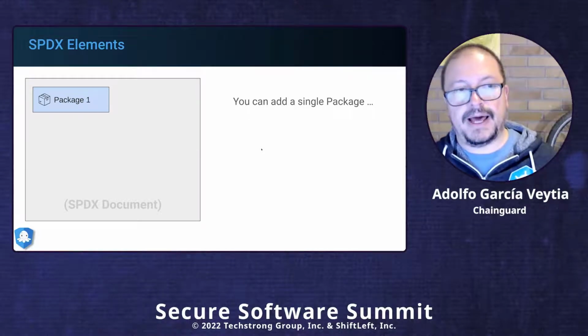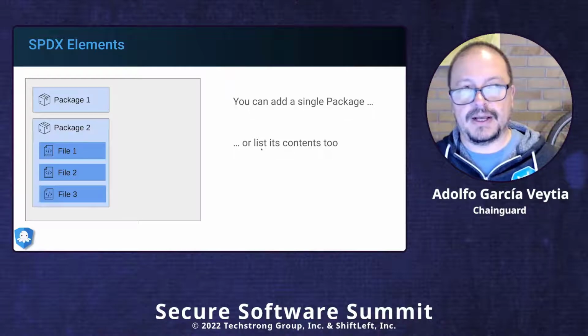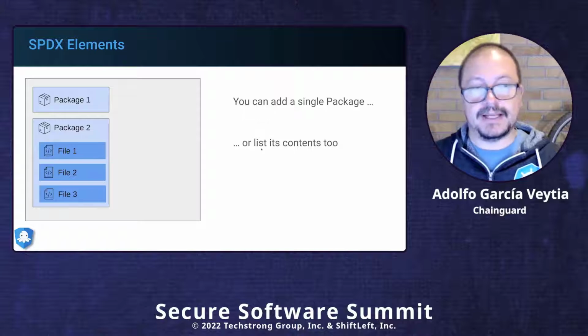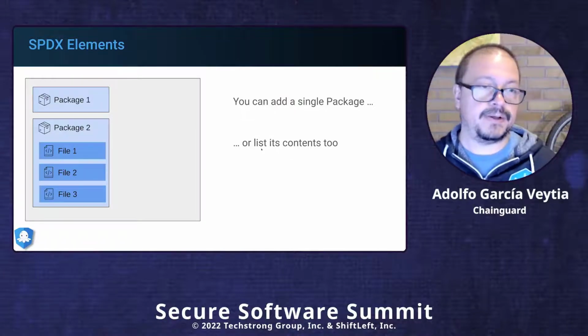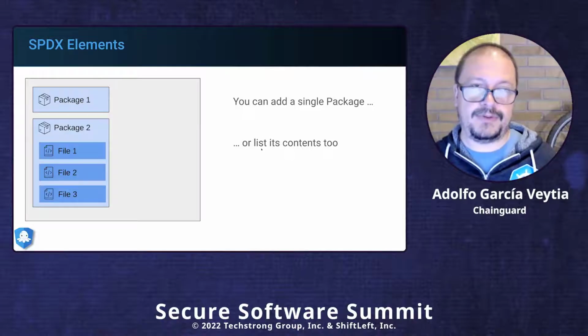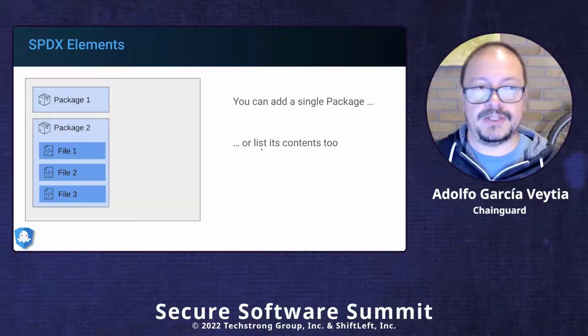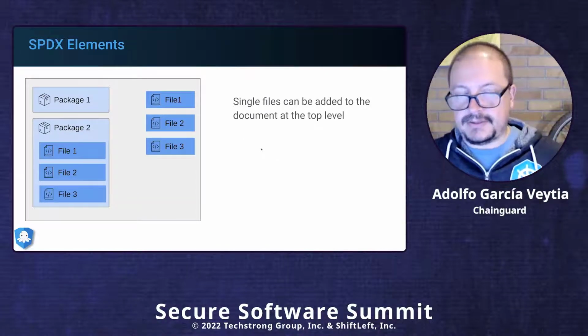Or you can also add a package and also list the things inside of the package. A package can group together files and also other packages, and some of the contents have their own metadata listed in there as well. You can also add single files to the SBOM. This can be listed at the top of the document.